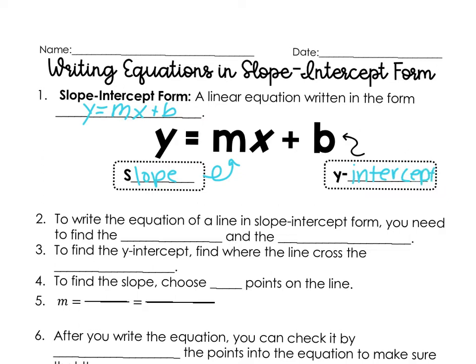To write the equation of a line in slope-intercept form, you need to find the slope and the y-intercept. To find the y-intercept, you are going to find where the line crosses the y-axis.